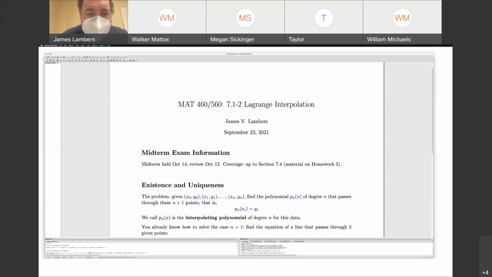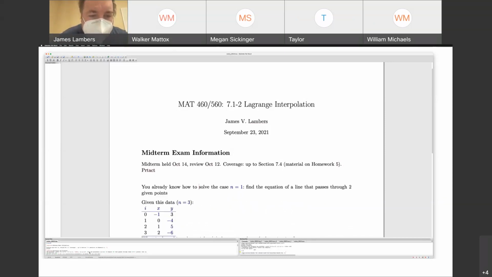There will be a practice test posted. Sometime next week I will have that up. And for a practice test, I will also post a solution. So this will give you an idea of what you can take away from the practice.